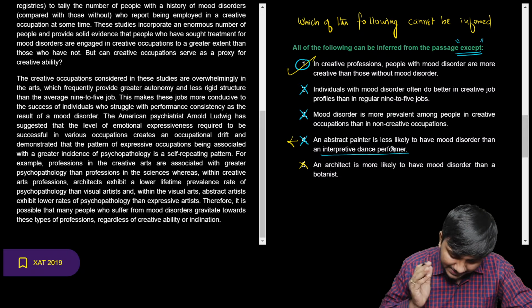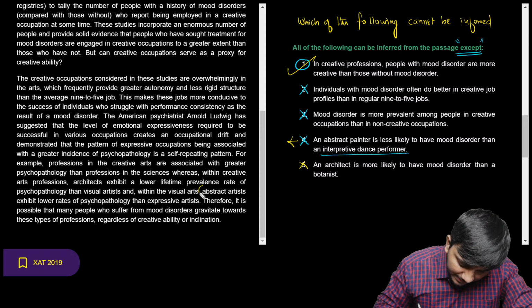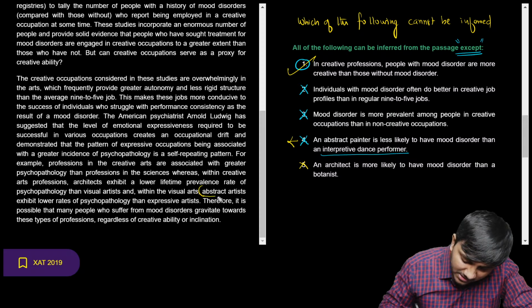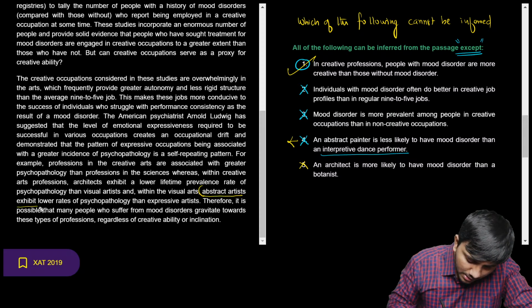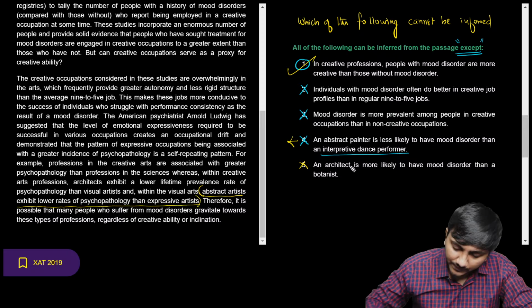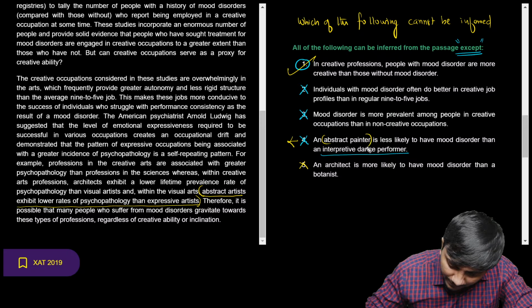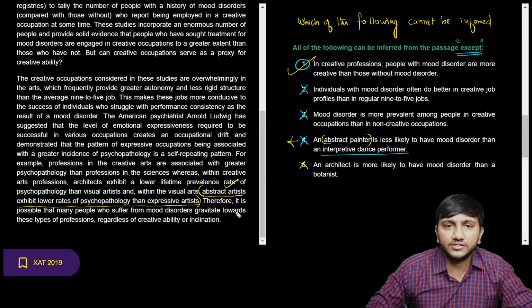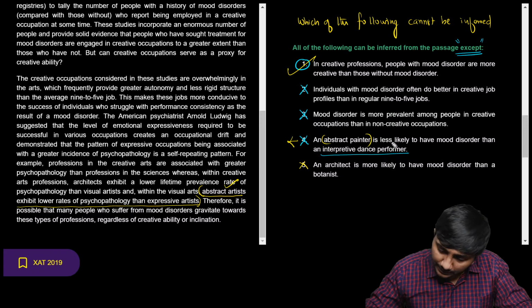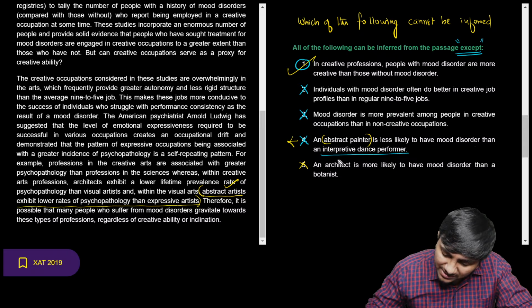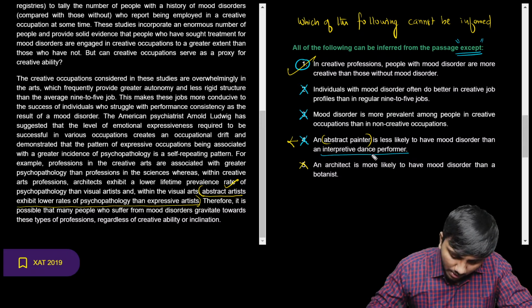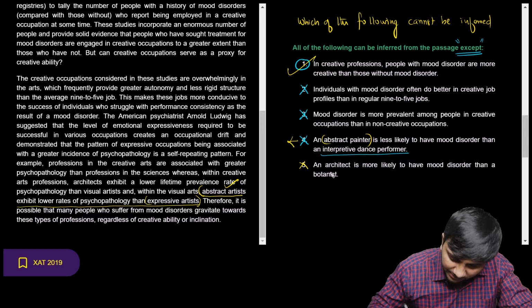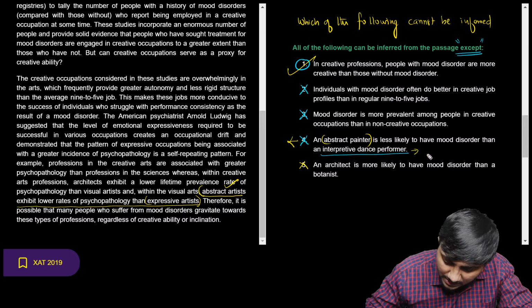Okay, they did say something about abstract artists. That's towards here. Abstract artists exhibit lower rates of psychopathology than expressive artists. So abstract painter is definitely an abstract artist, right? No doubt about it. Is less likely to have mood disorder than interpretive dance performer. This is an expressive artist. Interpretive dance performer is an expressive artist.